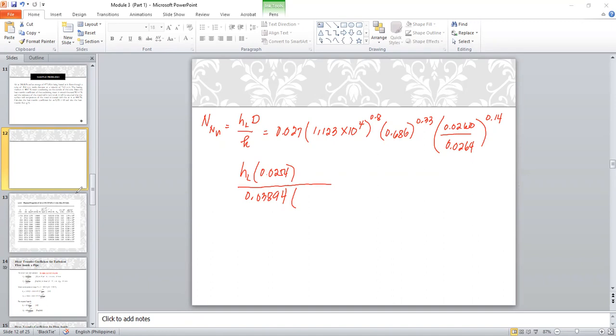But since it's assumed already in the statement here that it's very small, the thermal conductivity constant that was used is that of air. So you have to understand why what they used is that of air. That would be, let me write it first, 0.0894. And all the values that we have here, the corresponding values that we have here on top.